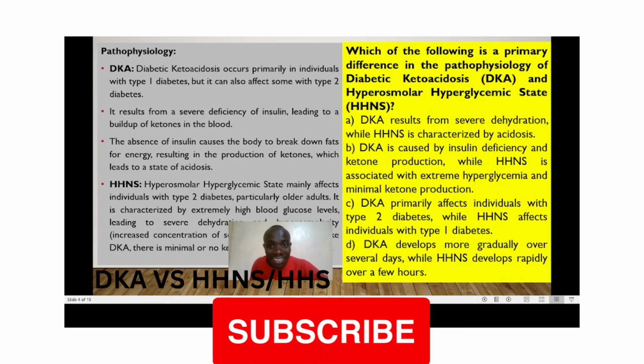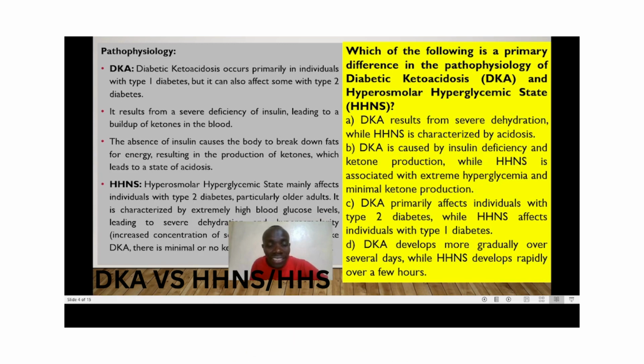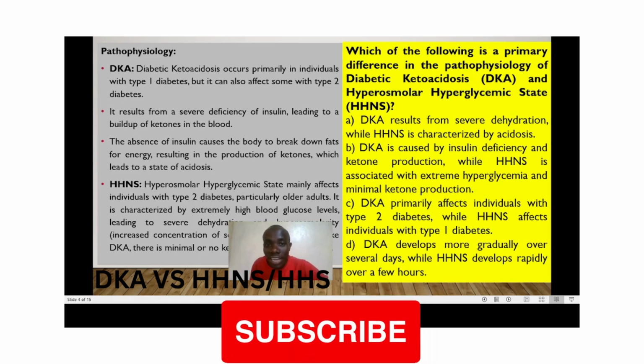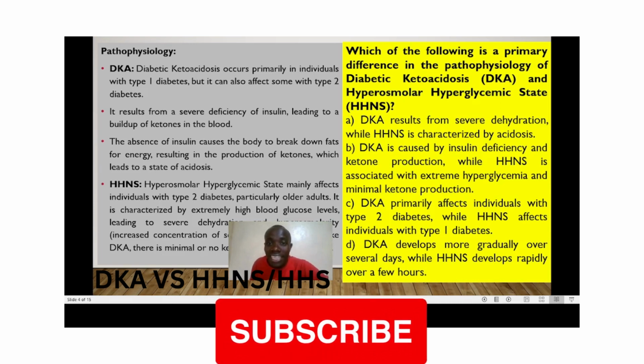No. Ketones are more likely to be in DKA, okay? And in both cases, we'll be having dehydration. In fact, in HHNS, the dehydration is severe because of those hyperglycemic levels, okay?